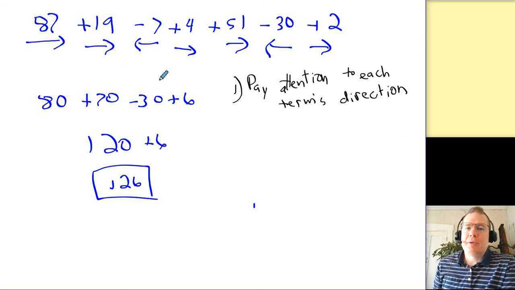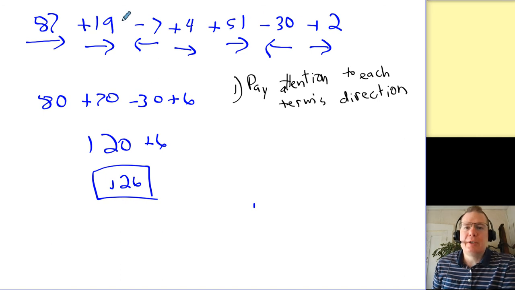I'm not using the number line in that way, but I'm thinking about forward on the number line versus backward on the number line. I strongly encourage you, draw these arrows in for each term. That'll really help avoid mistakes like subtracting 11 because you did 7 plus 4 instead of back 7 and forward 4.